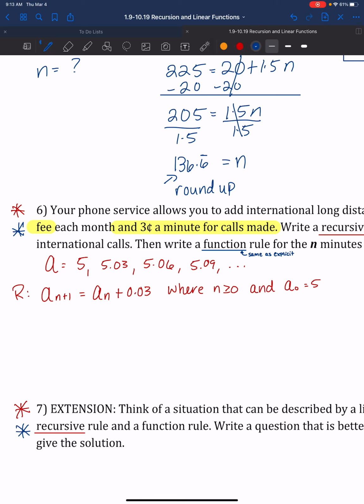Now for the explicit rule, we have A is equal to $5 plus 3 cents for every minute, where n is greater than or equal to 0, because you can't have less than 0 minutes.